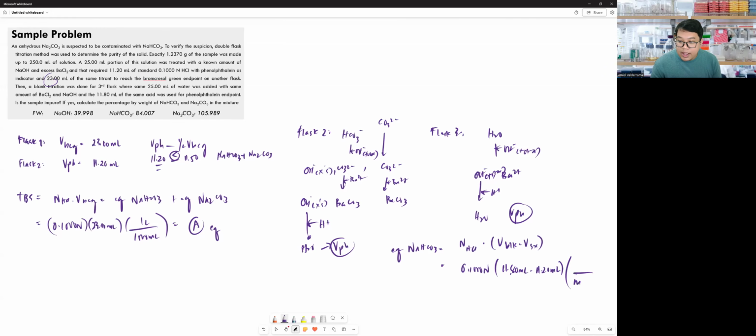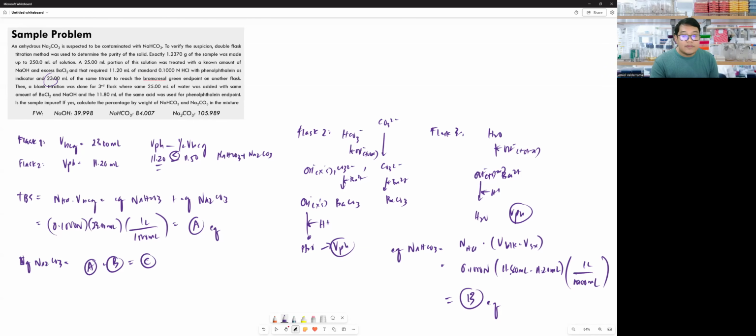Of course, we convert the ml to liter. Okay. So, we will have this recorded as B in our calculators. Then, to calculate the equivalence of Na2CO3, it is just equal to A minus B stored in your calculator. So, let's have this as letter C.